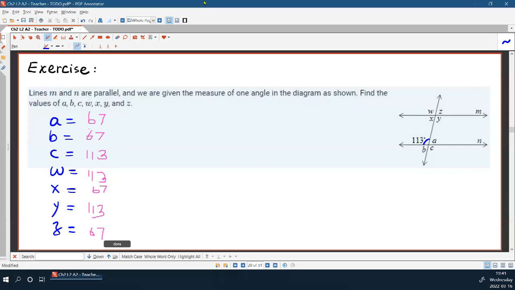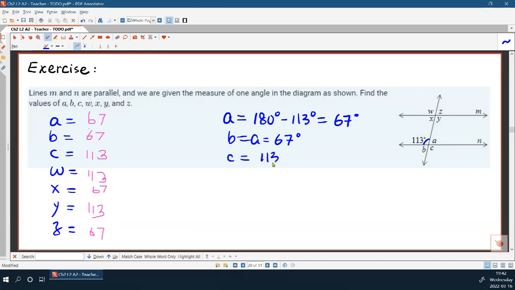Okay, thank you. That's correct. Let's have a look. A is actually supplementary to 113, right? So A is 180 minus 113, which is 67. And B is a vertical angle of A, so B equals A, which is also 67 degrees. And C is a vertical angle of 113, so C is just 113 degrees.